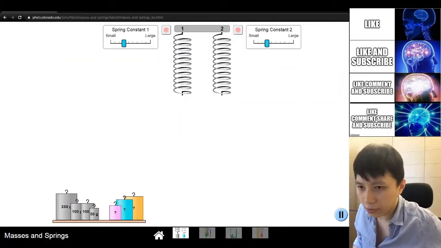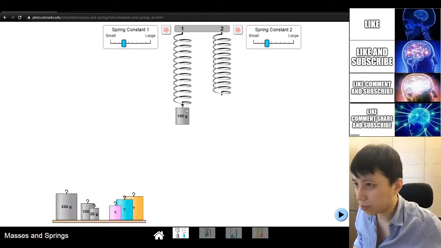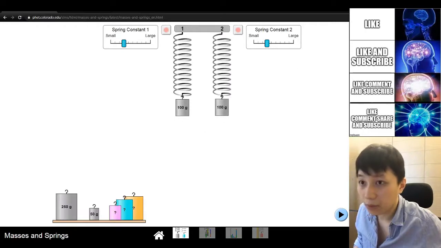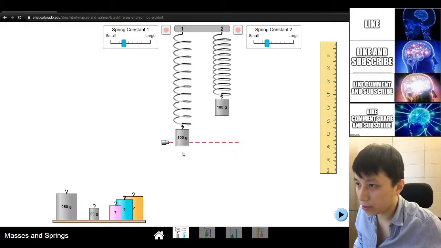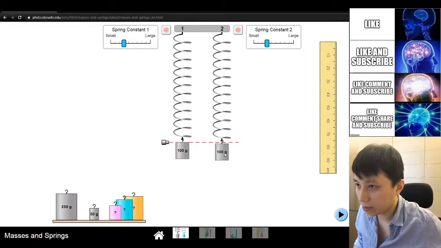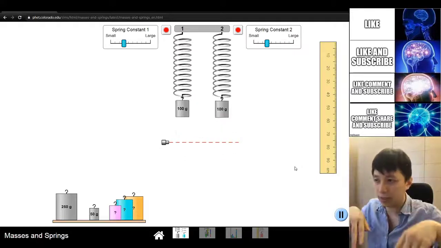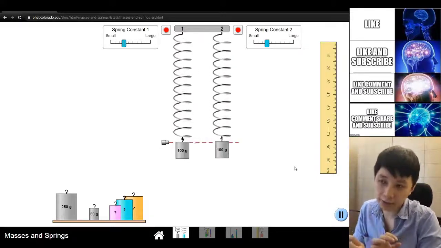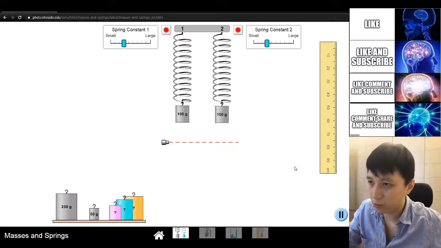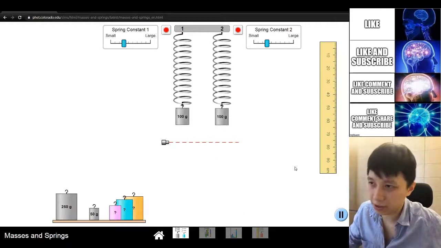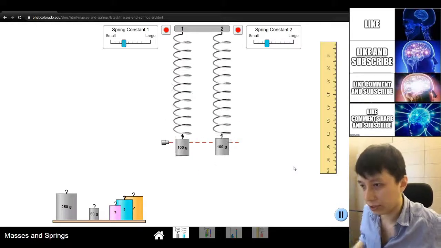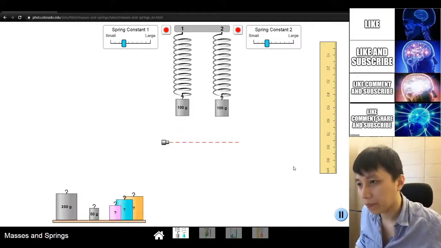So I will try to use the simulation to hopefully show you that we can set something like this. Okay, you can see them going up and down at the same time, then they are in phase in terms of their displacement, their velocity, and their acceleration to each other, they are always in phase.